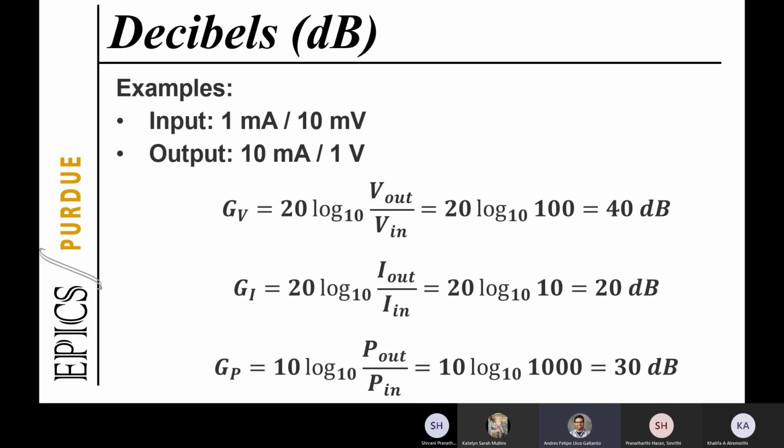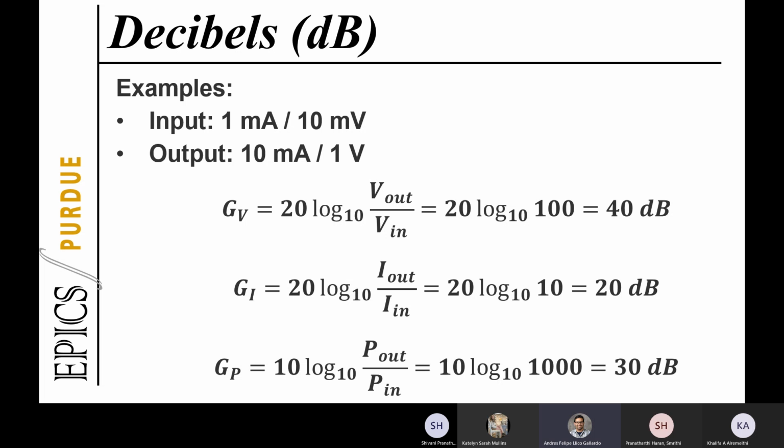So if we look back at the example I gave you before, we knew that the gain for the voltage was 100. So if now we take 20 times the log 10 of 100, that's going to give me 40 dB, because log 10 of 100 is 2, times 20, that's 40 dB.